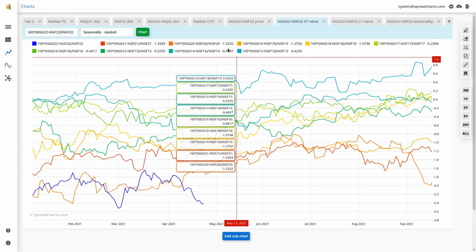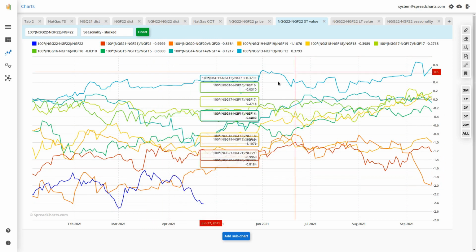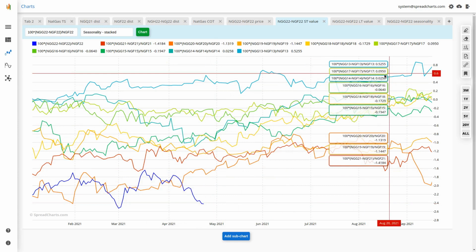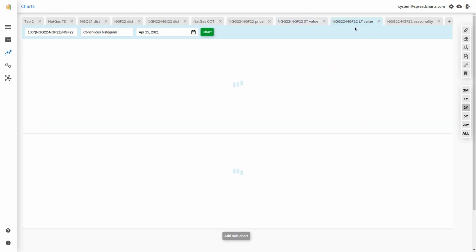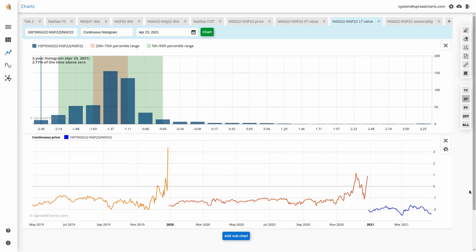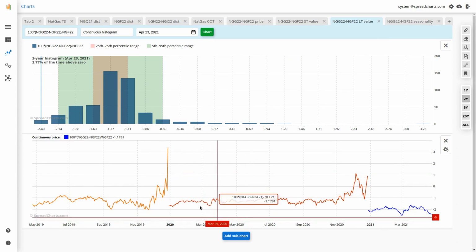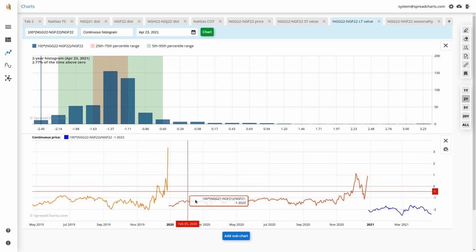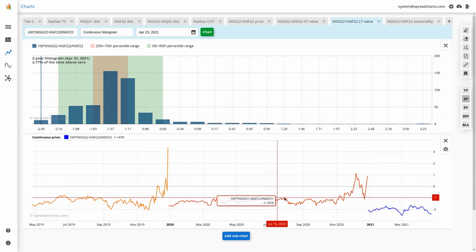It's below all the previous 10 years or 9 years, and there is a lot of upside. Something similar will be visible on the long-term valuation analysis, which is once again the continuous price or the spread expressed in contango percentage and using the continuous price chart. And the distribution on the top is basically the same data you see below.